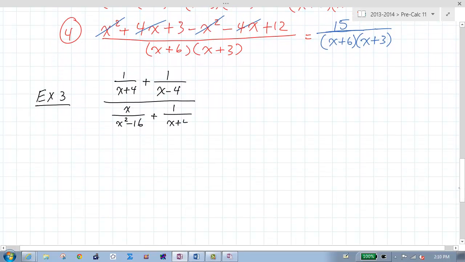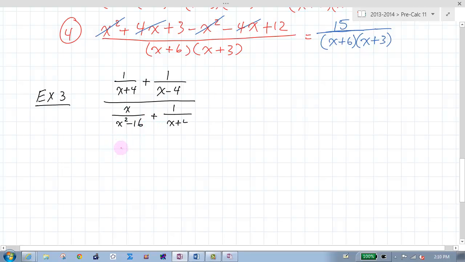Now we're going to look at something that looks more complicated, right? But if you just do one thing to it, it becomes a lot simpler looking. It looks more complicated because it's a sum of two fractions over a fraction, with the denominator being a sum of two other fractions.